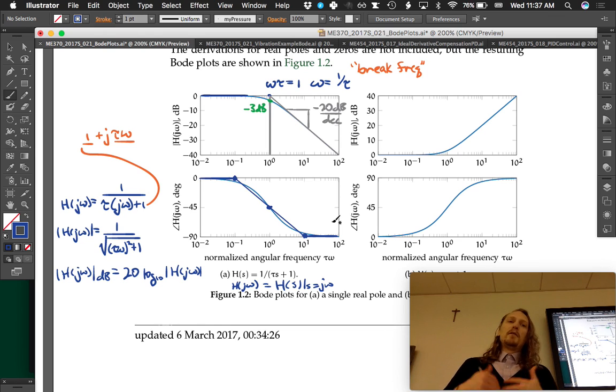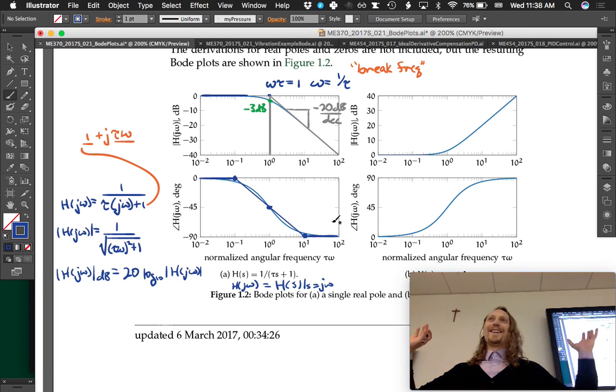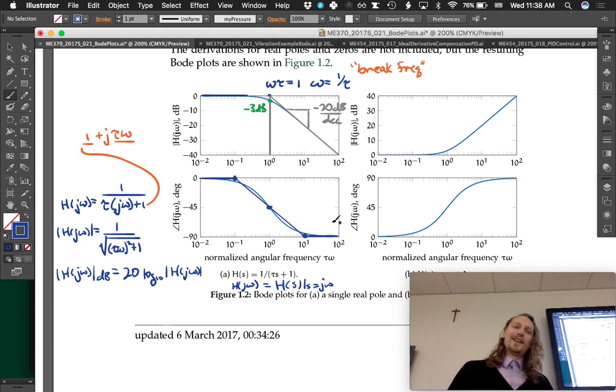We learned how to represent it in this idiosyncratic way, but this is the way that people represent it, so we need to learn how to do it. And it does have its advantages: conceptually, it's just a graph of the magnitude and a graph of the phase. All the details are annoying, but we have to learn them. You're right, I'm glad you pulled this out and got the high-level view. Okay, so thank you.